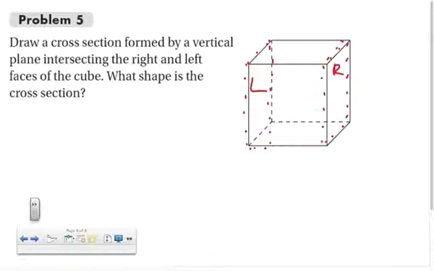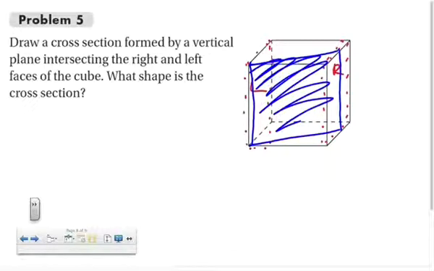Whereas if my plane is slicing here and here, you see that it would not be a perfect square. The cross section would be a rectangle. Rectangle, yes.